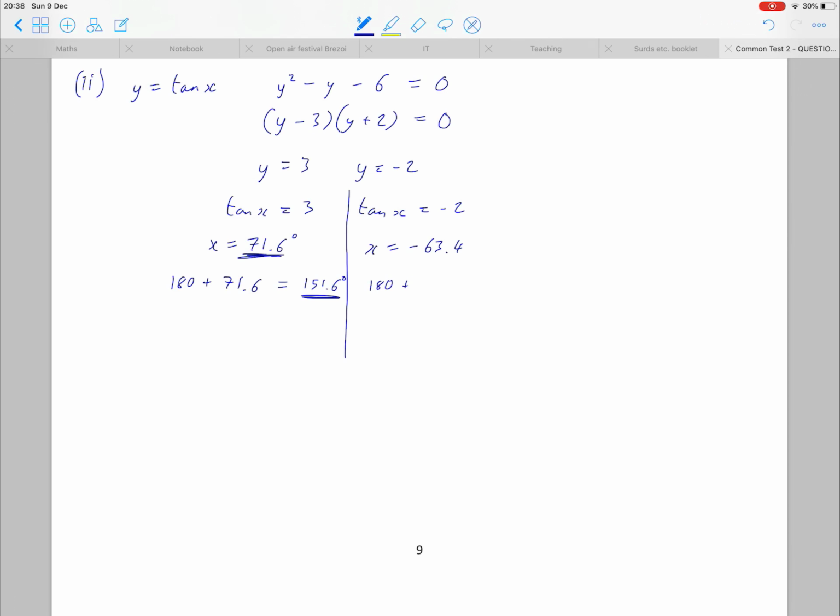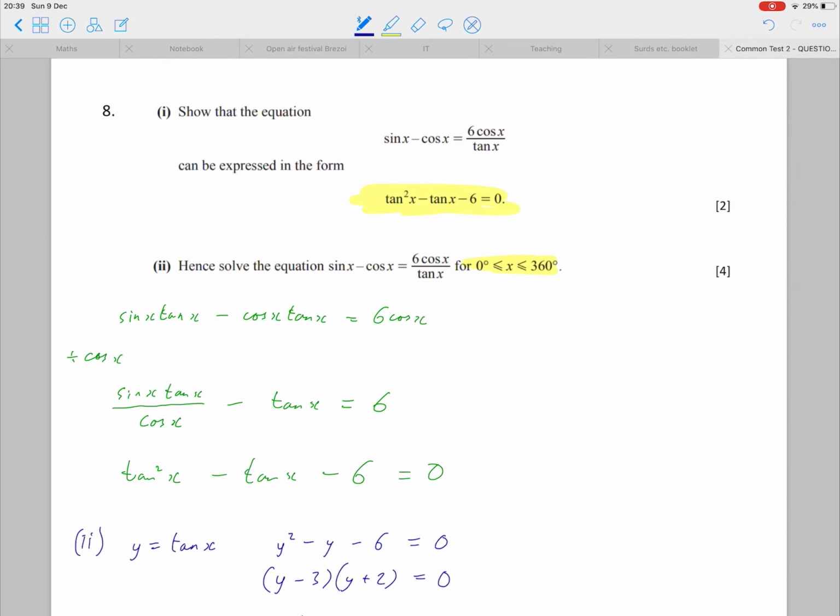Just do 180 plus that to get the first result, 117.6 degrees. That's in, and we can add 180 again to get 297.6. That's in, and we get our 4 answers. Okay, great. Next question.